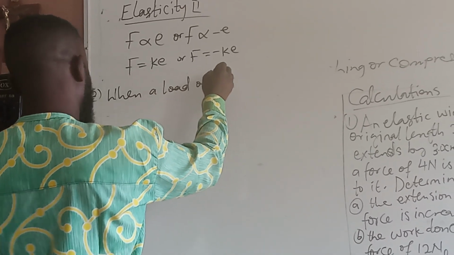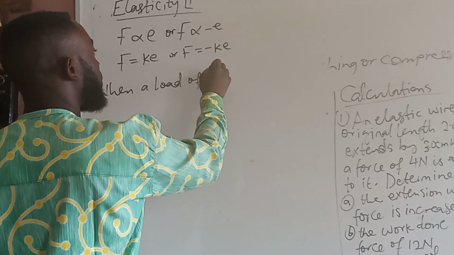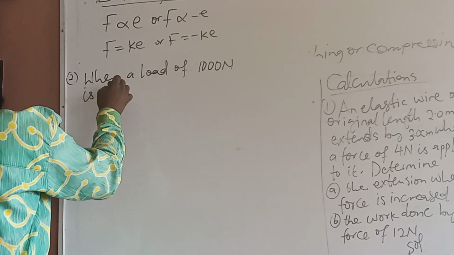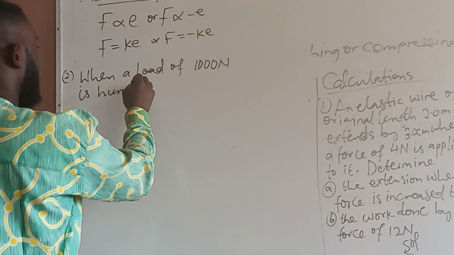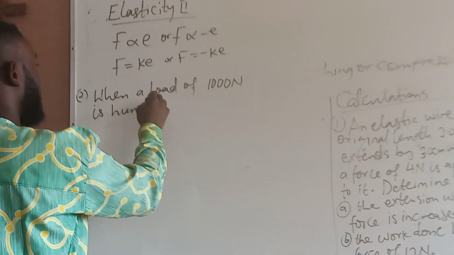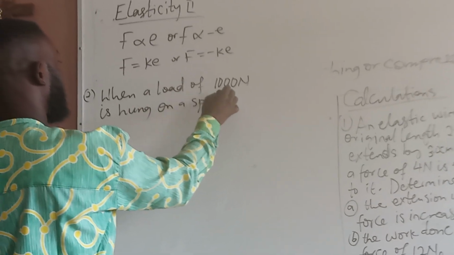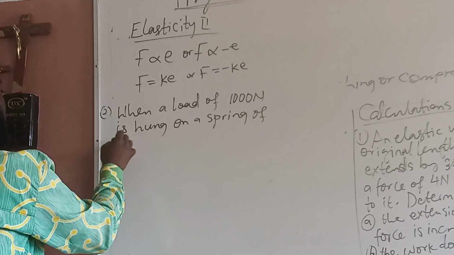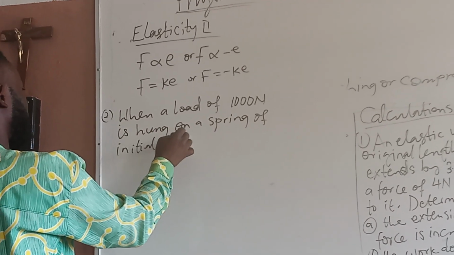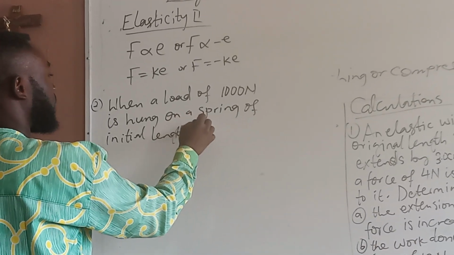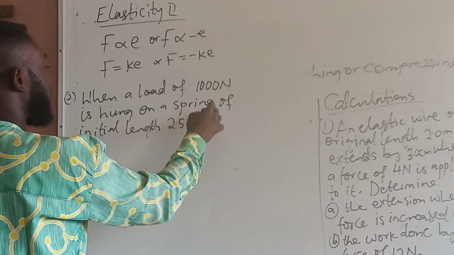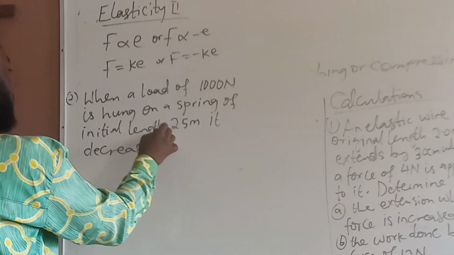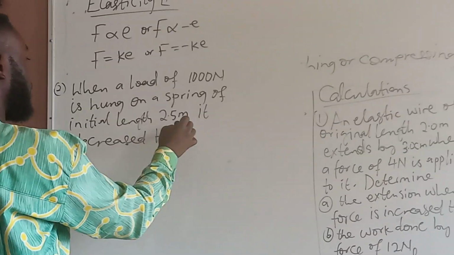A load of 1,000 Newton is applied on a spring of initial length, which is decreased to 2.5.